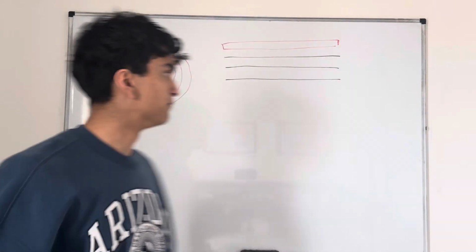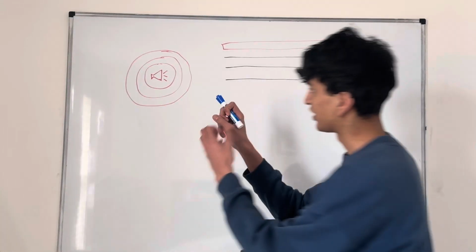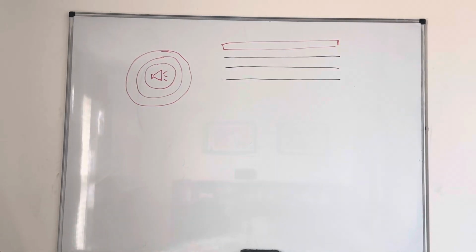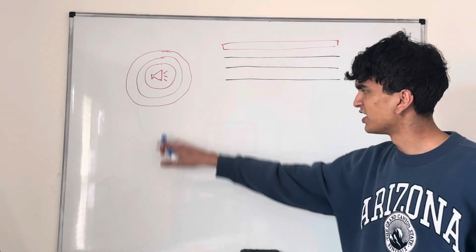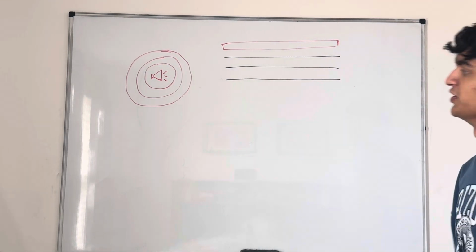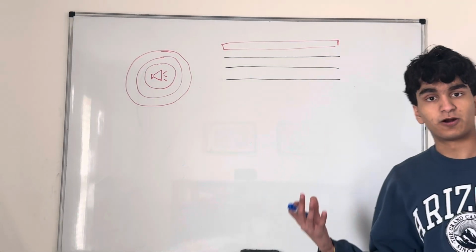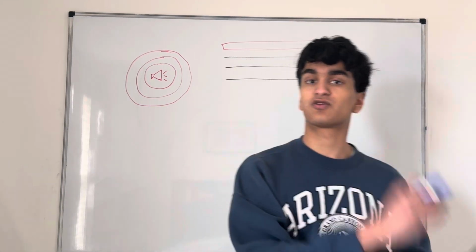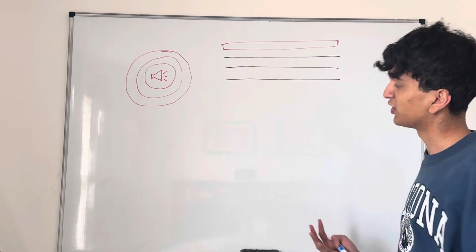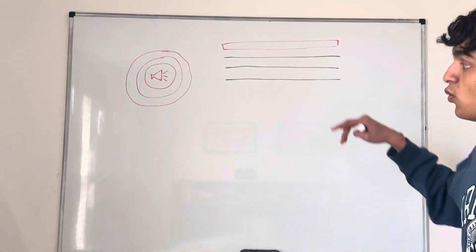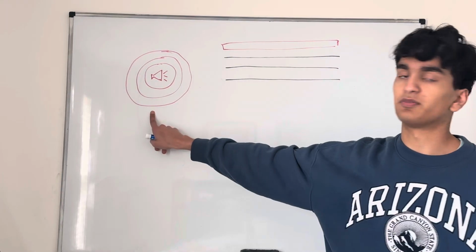If you have a speaker that's emitting sound waves in all directions, let's just start with this speaker example here. The sound waves will have crests and troughs, and the wavefront represents some part of that phase. So a wavefront line could represent a crest.